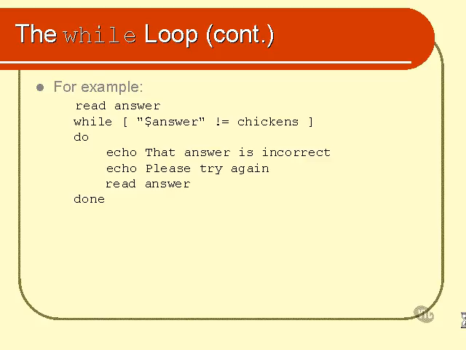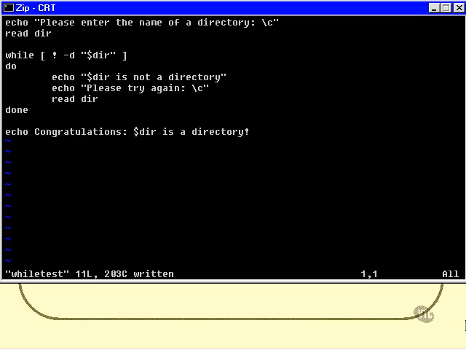I'll demonstrate an example that's perhaps a little bit more useful. Here's a very simple implementation of the while loop that can be used to make sure that the user actually entered a valid directory name when a directory was required.